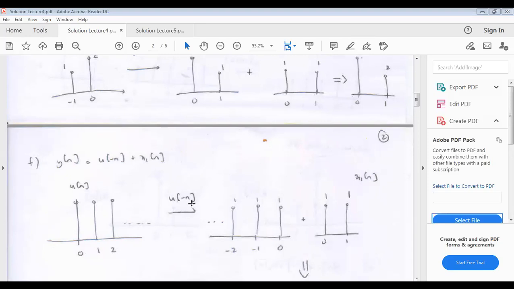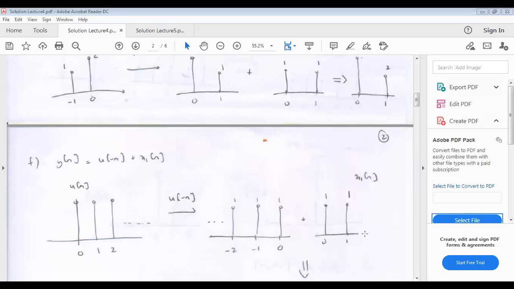So when you have a reversal of it, the positive side shall now be folded to the negative side. So it looks like this. Now the signal will continuously exist until negative infinity. And this will be further added with x1[n], which is at 0 and 1.